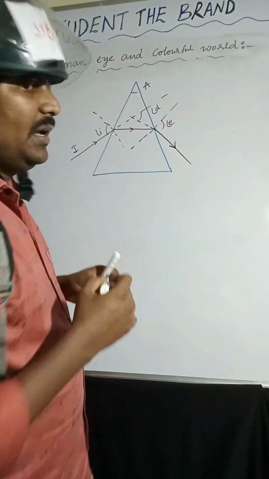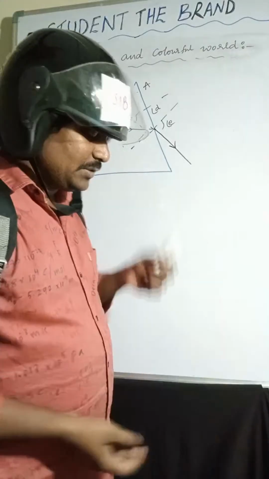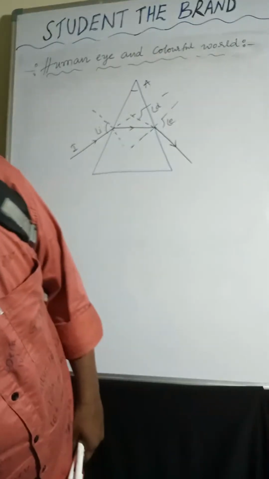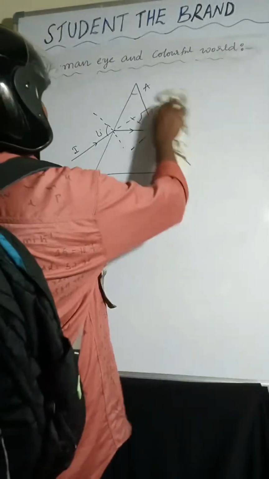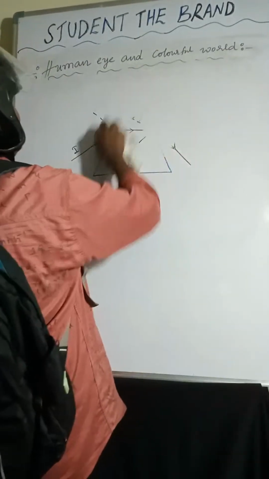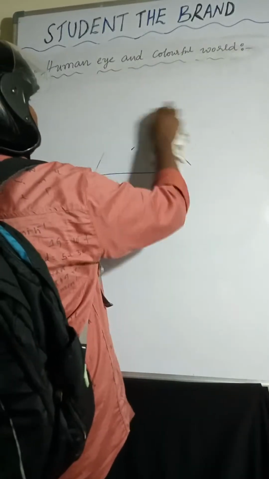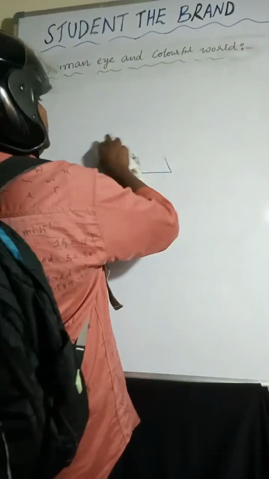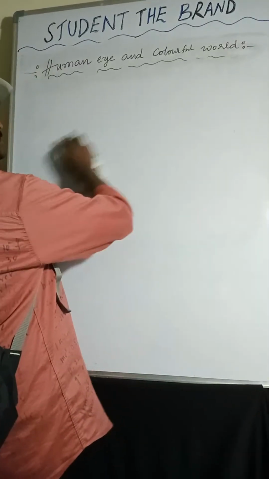And how does dispersion take place? When a white light ray passes through the prism, how does dispersion take place? We will discuss now.